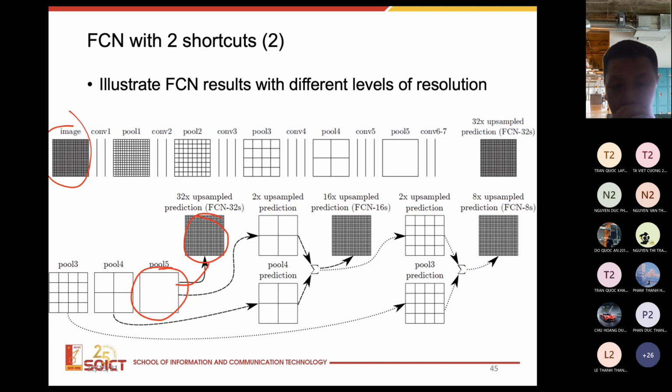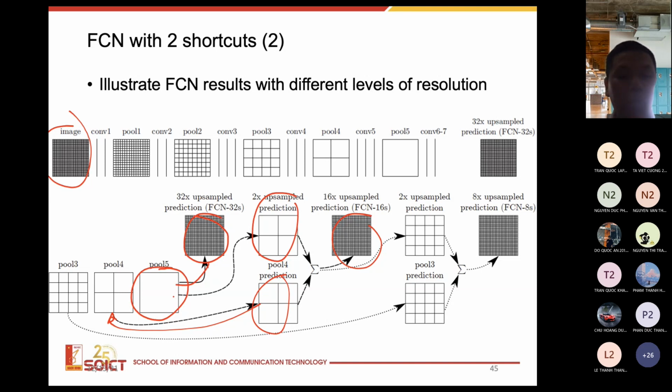And you can also do just 2x upsampling prediction, and then combine with the pooling output of pooling number 4, and then you do 16x upsampling prediction, right? And you also can combine with the further activation map in the beginning of the convolutional network.